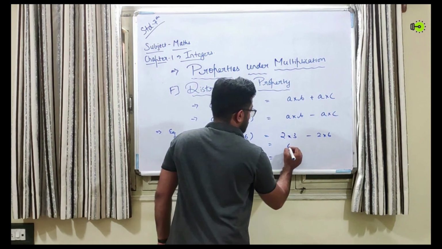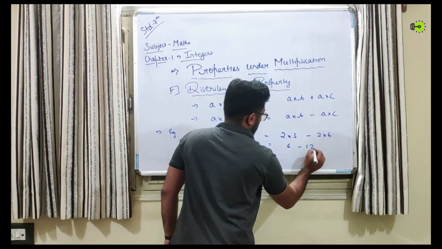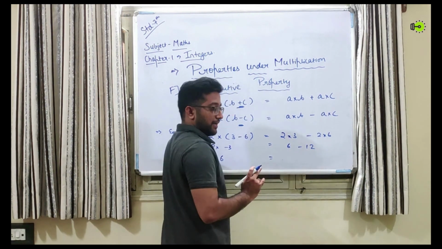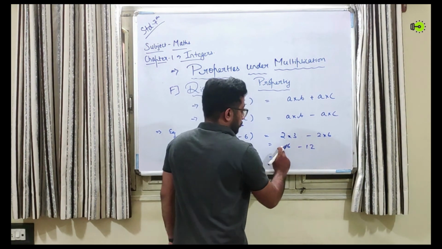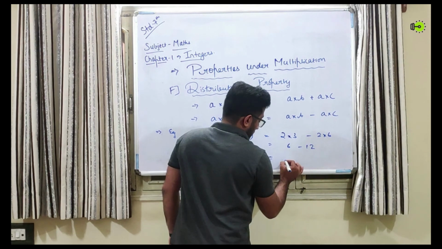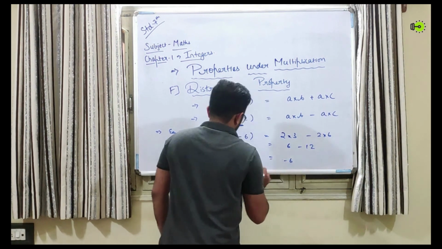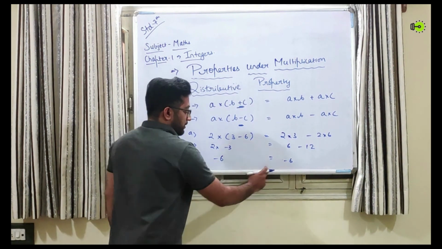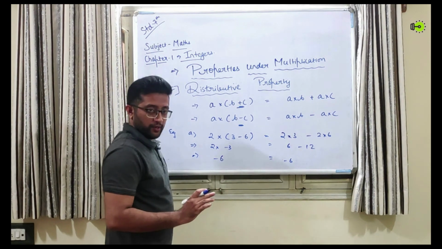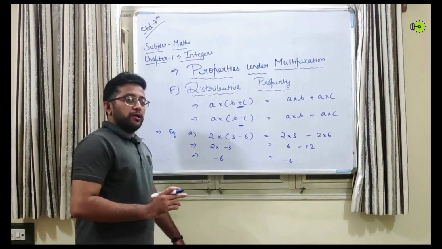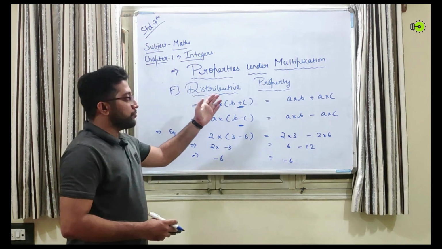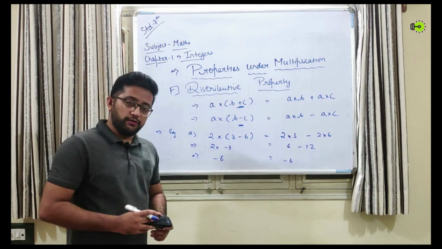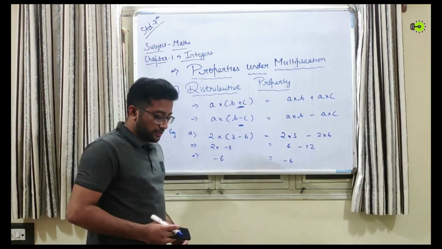Here we will solve 3 2s are 6, 6 2s are 12, 12 minus 6. It is plus minus minus, sign of greater, because it is subtraction. So here it is 6 and here it is also 6. Okay, so you can say that under subtraction also the distributive property holds true for integers. Please take a note of the same.